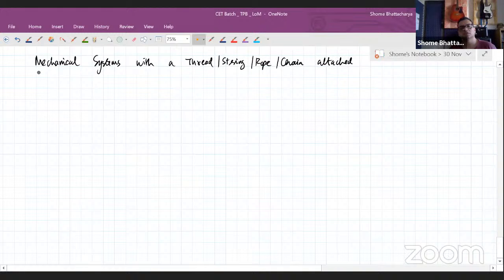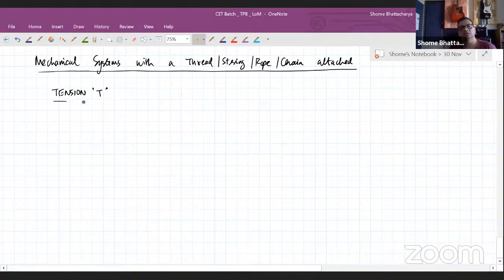So we will look at something called tension. We generally denote it with the symbol T. So this tension is a type of force.